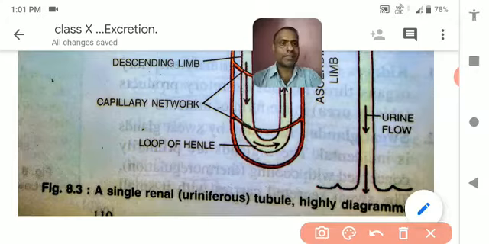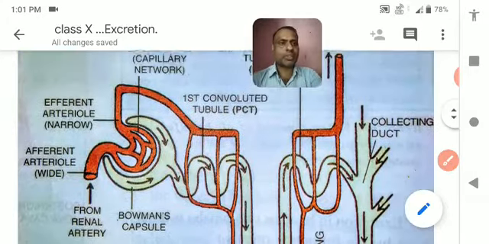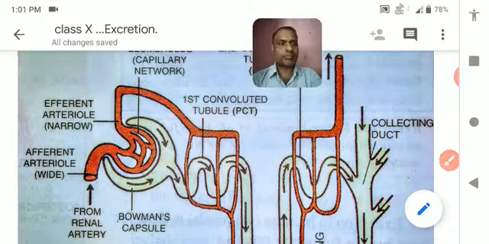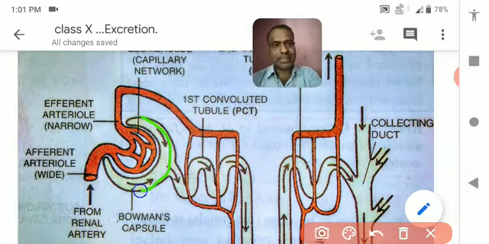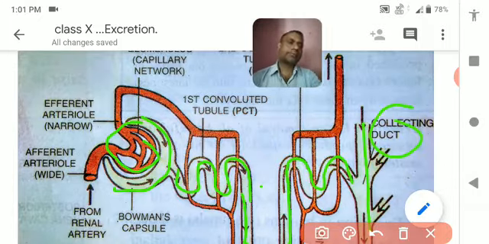See, I am showing you by name. This is the Bowman's capsule. This is the glomerulus. This tube is called PCT. Now it becomes the loop of Henle, it becomes DCT, and it becomes the collecting duct.